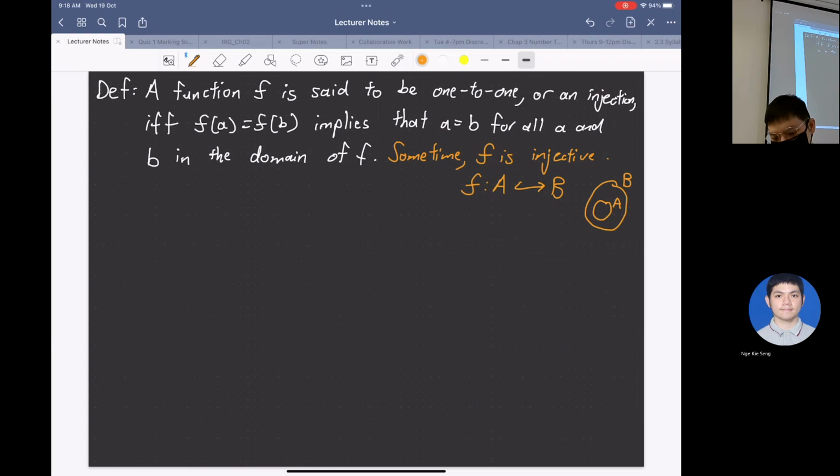Every one of them gets mapped into a B dot. That's why we use a hook, like a subset.